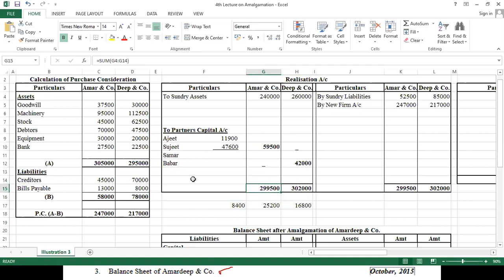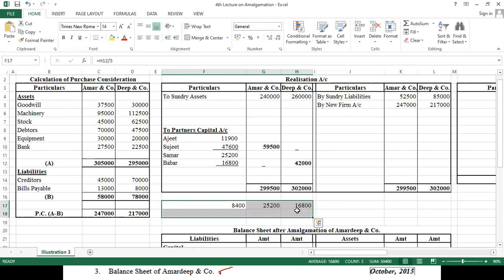So this is the new figure which I got. So in front of Samar, I will write 25,200. Okay. And in front of Babar, I will write 16,800. So here my realization account is clear. Anybody have any doubt up to here?